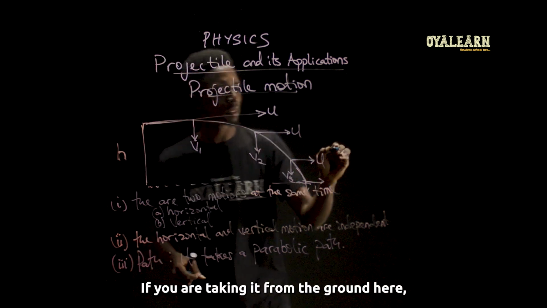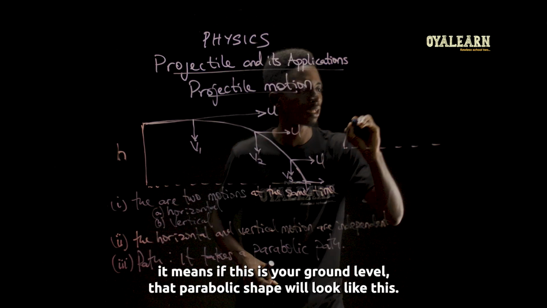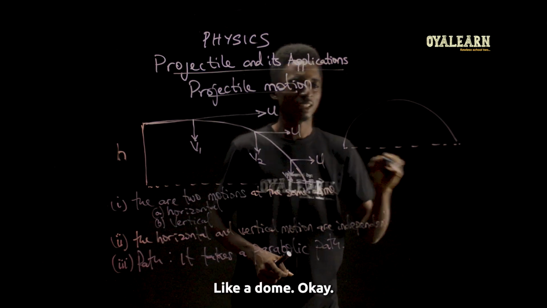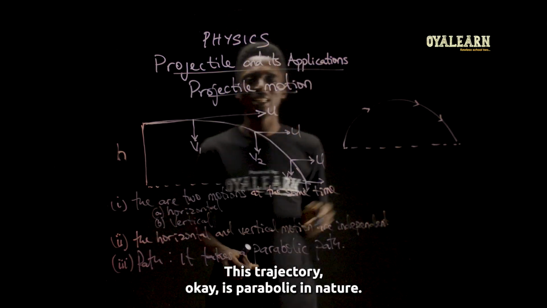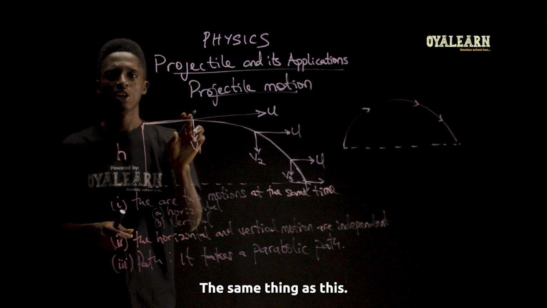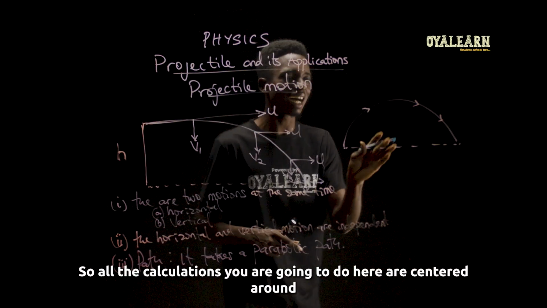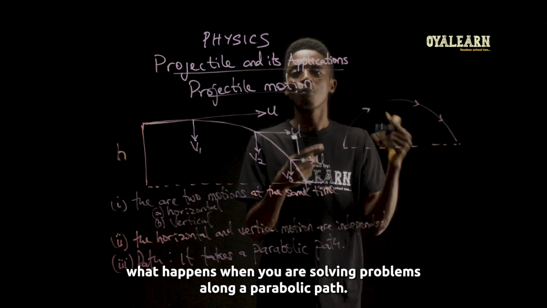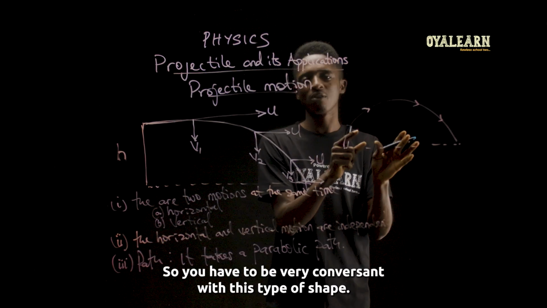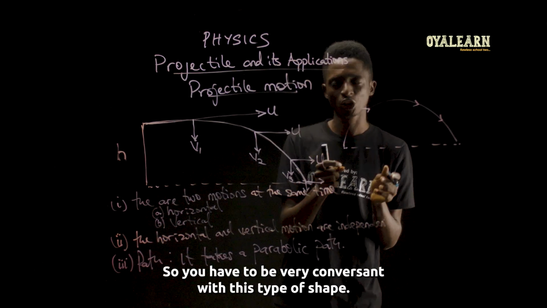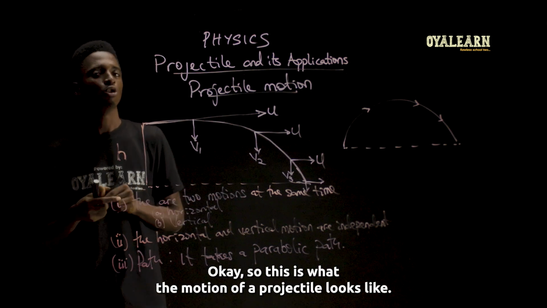If you are taking it from the ground here, it means if this is your ground level, that parabolic shape will look like this, like a dome. This trajectory is parabolic in nature, the same thing as this. So all the calculations you are going to do here are centered around what happens when you are solving problems along a parabolic path. So you have to be very conversant with this type of shape. Okay, so this is what the motion of a projectile looks like.